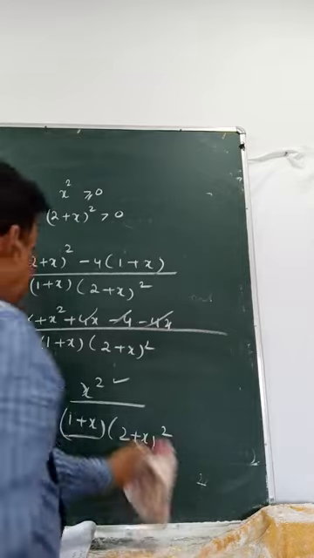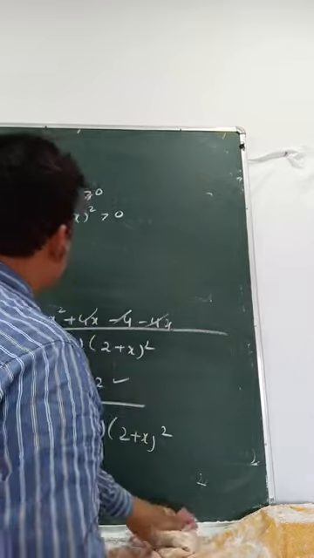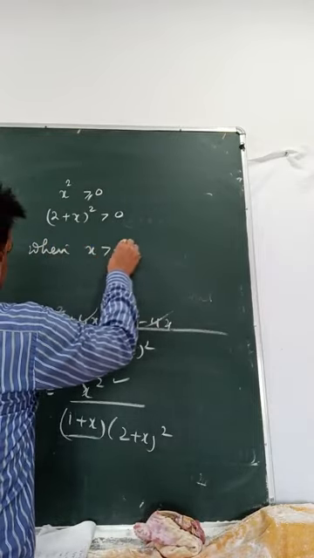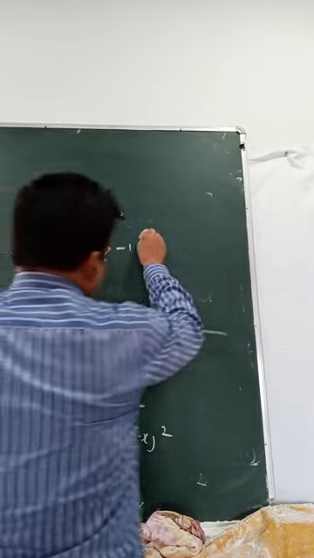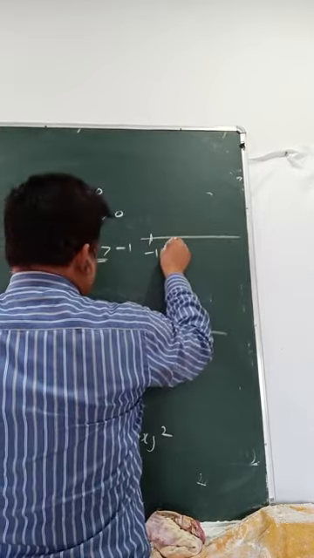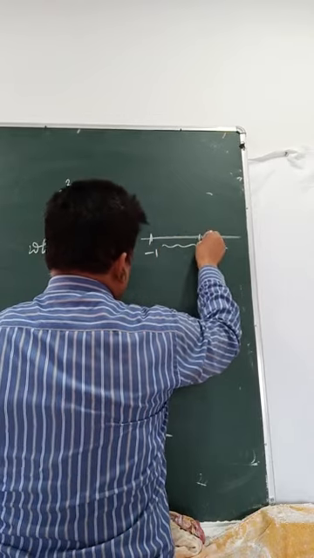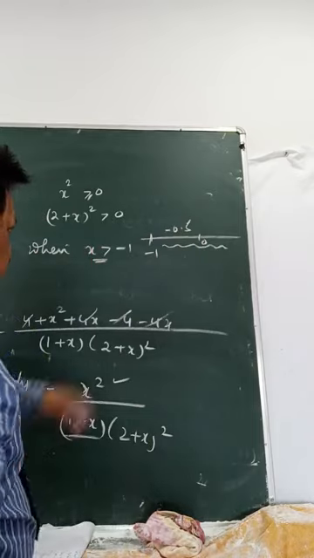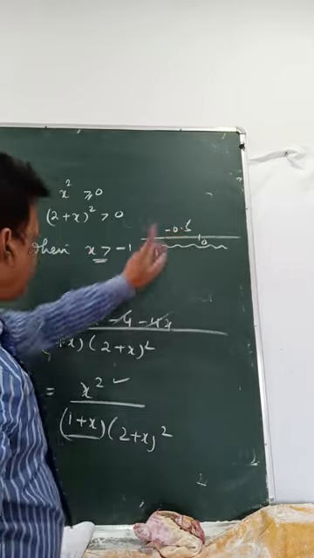So when x is greater than minus 1, this is given to us. Look at the number line. Any value from minus 1 onwards, put here. Suppose this is 0, this is minus 0.5. Suppose I put minus 0.5.